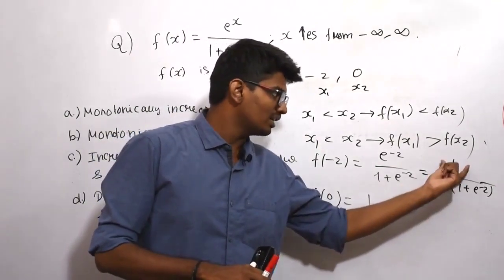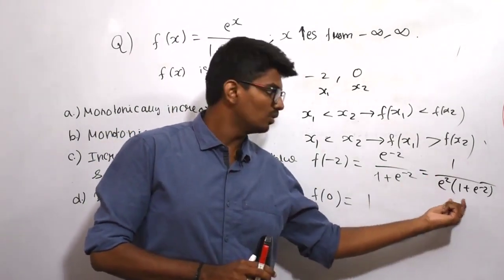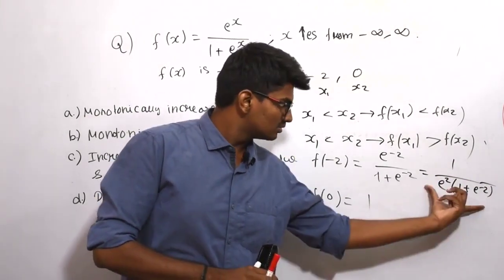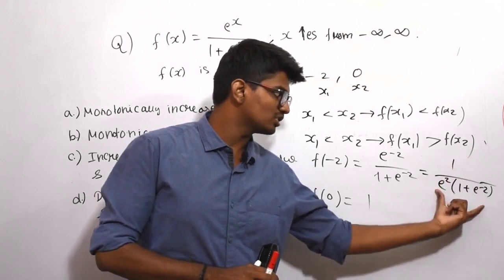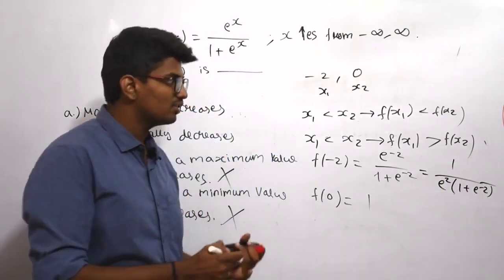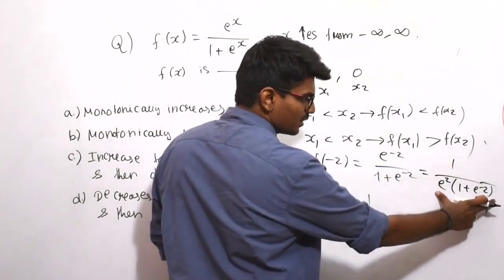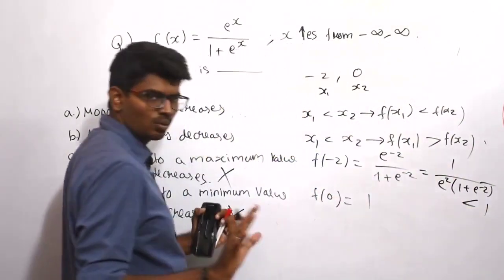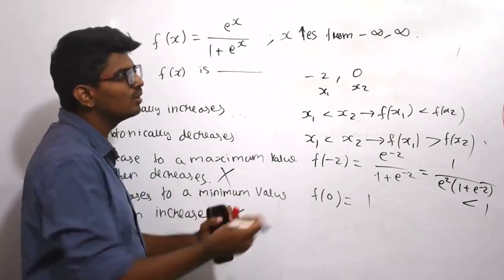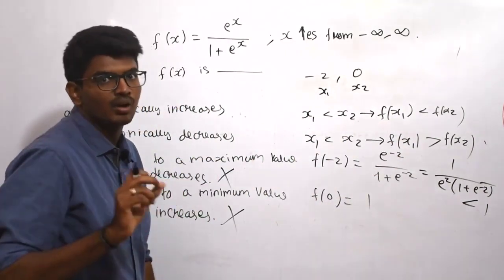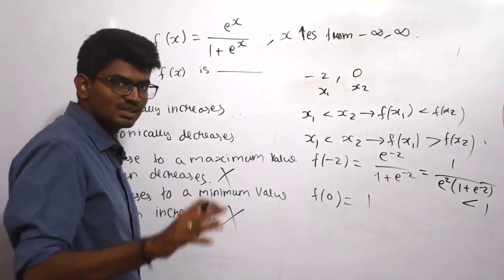Surely the denominator is a positive value, 1 plus some positive value. So surely the value will be less than 1. That is for sure. I don't want the exact value; if you have a calculator, you will get some decimal value like 0.56 or 0.65.